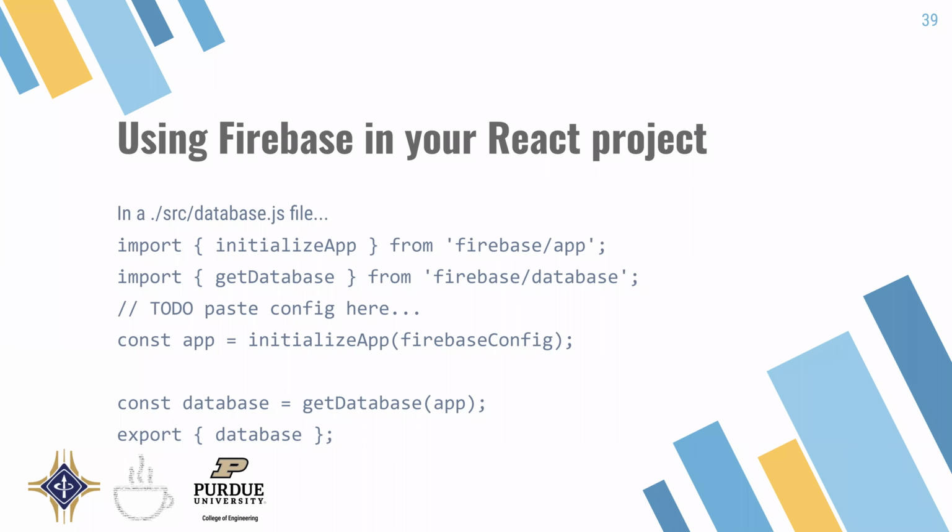Here's the paste config stuff, that's where you paste what I told you to copy. Once that's done, you initialize app, get the database, and export the database, because we'll be using that in the other components.